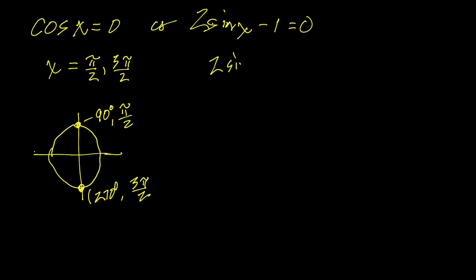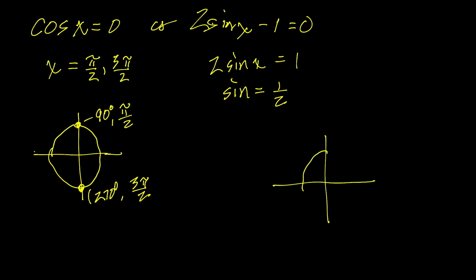So the other equation becomes sine of x equals 1/2. So the sine is the y coordinate on the unit circle. So here's my unit circle. So right here, I would have 1/2 and then root 3 over 2 for the sine.